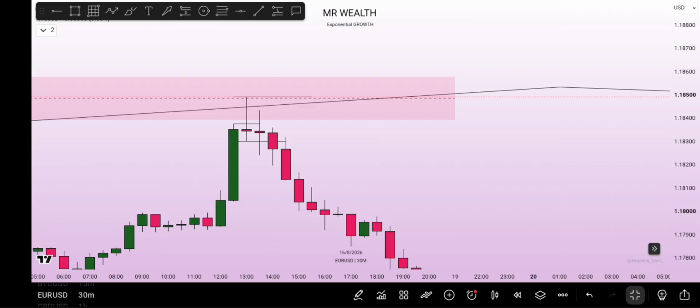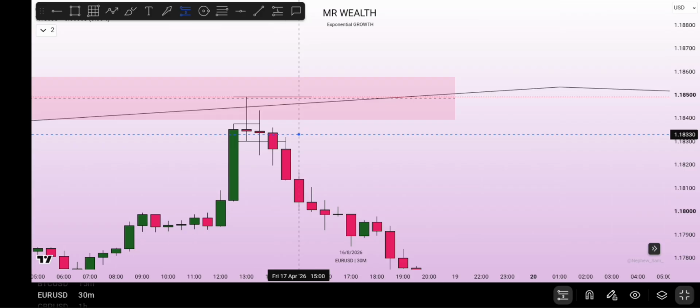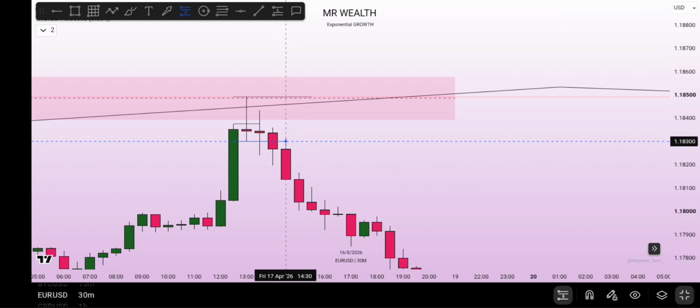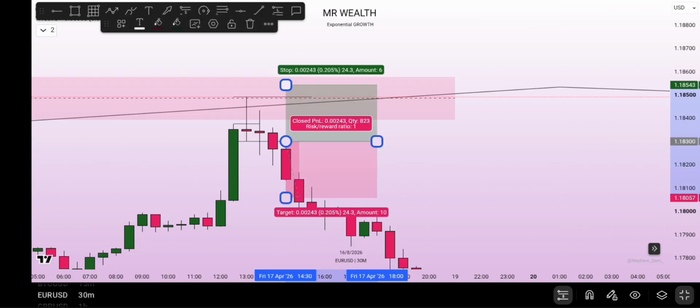So when we are selling, we put our entry point at the closure of the liquidation candle. So either buy or sell at the closure, and our liquidation candle as the last point of the candle before the candle rejected.